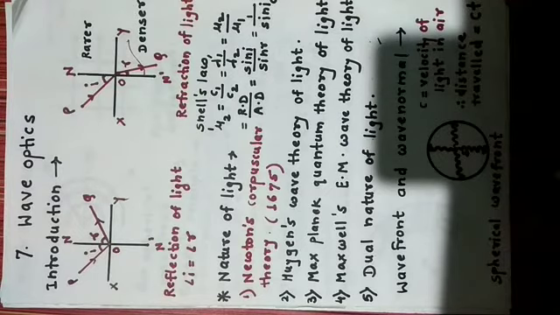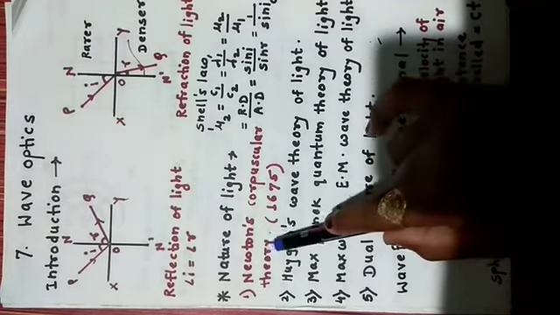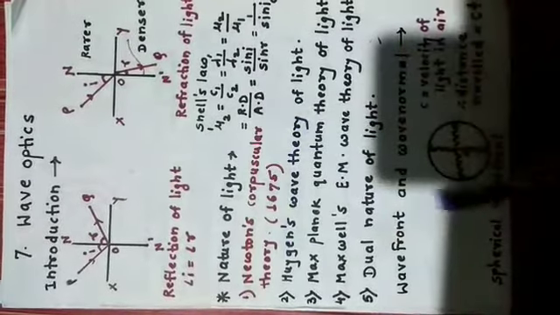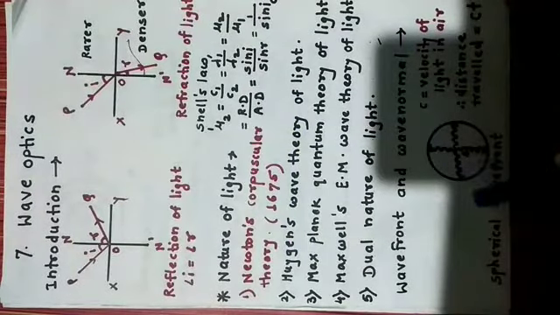Now we are moving towards the successes and failures of this theory. First of all, the success points. The first success point is that with the help of Huygens wave theory, different phenomena of light like reflection, refraction and interference can be successfully explained.